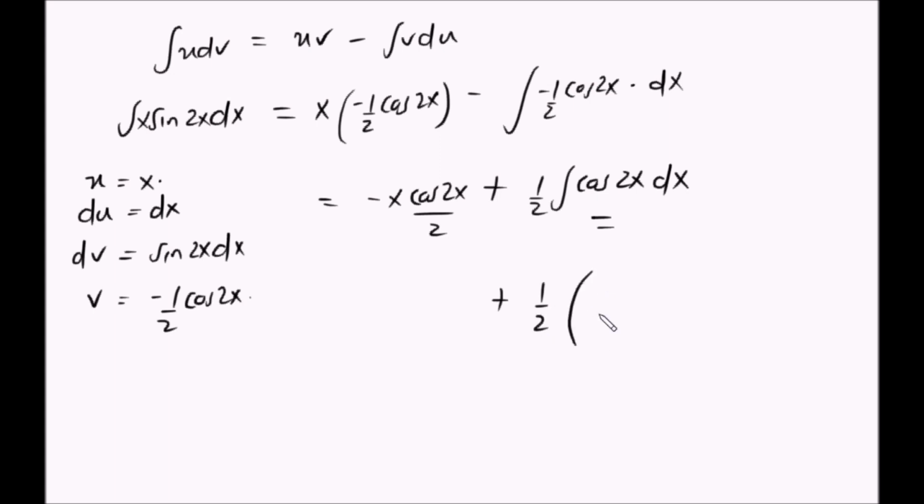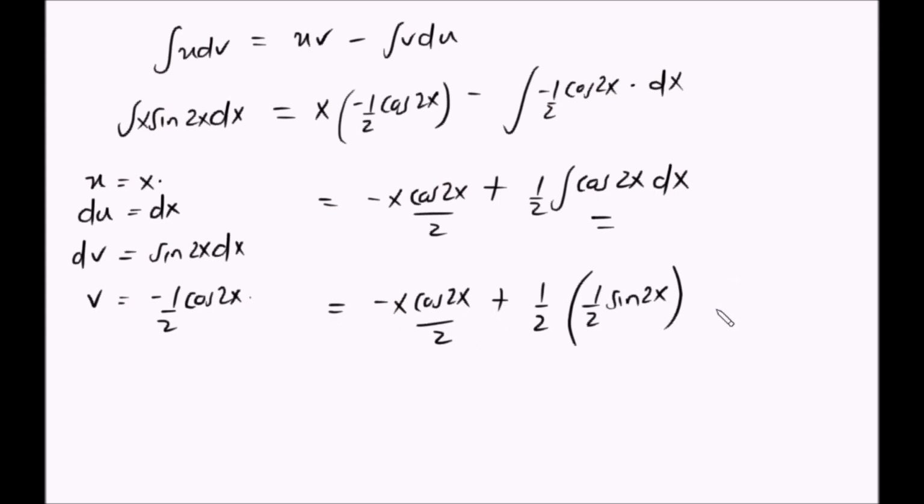So this now I can integrate by the substitution method. I taught the substitution method earlier, so I won't do it again. I'm just going to write the answer straight. By the way, once you get used to the substitution method, you can do this integral in your head. So the answer there will be 1 over 2 sin 2x. Don't forget this over 2.